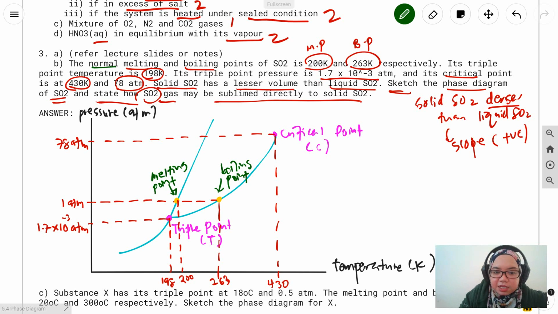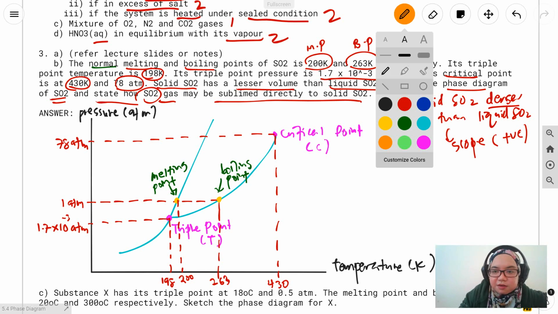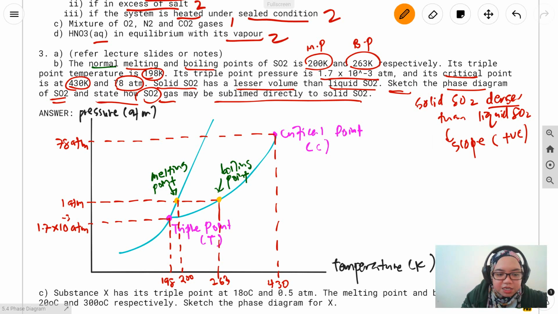Kalau awak tengok kat sini, kalau pressure dia less than 1.7 and then temperature dia less than 1.98, dia boleh turn from solid into liquid. Betul? Am I right?